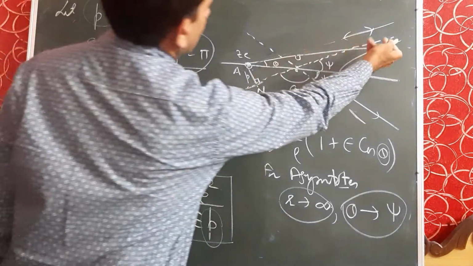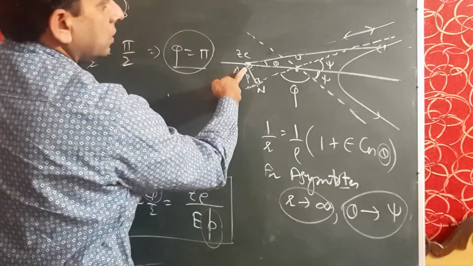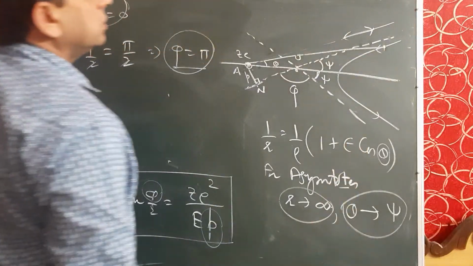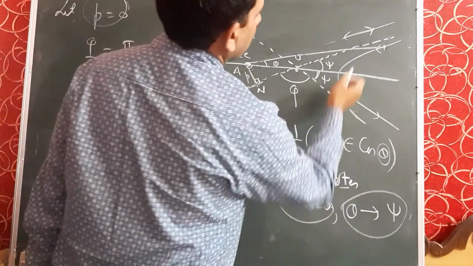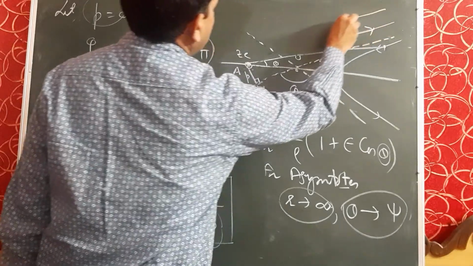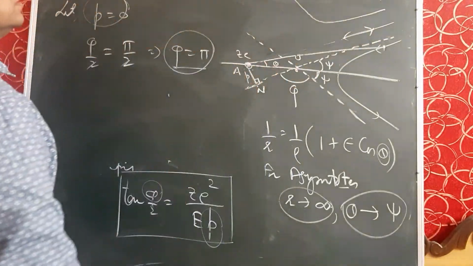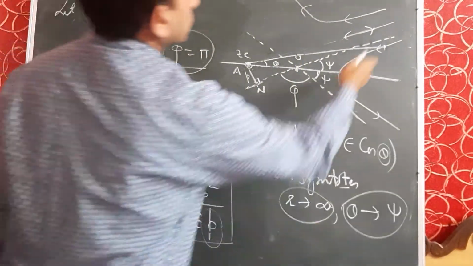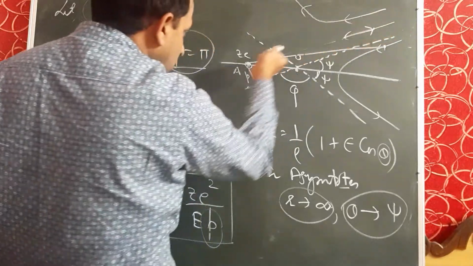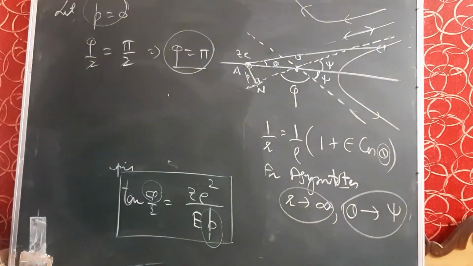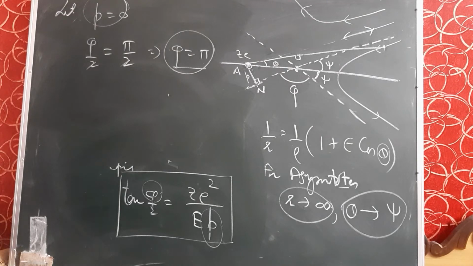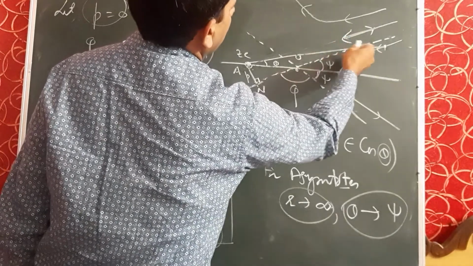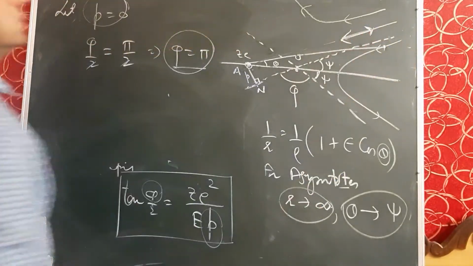When it is again away from the target, it will again form a hyperbola. But in this condition, which is directed towards the target atom, the angle of scattering becomes 180, and after scattering it will go in the opposite direction.